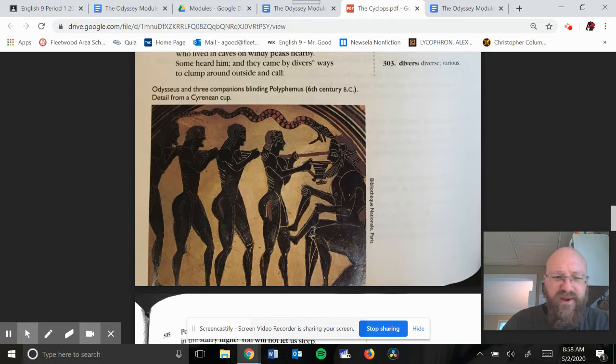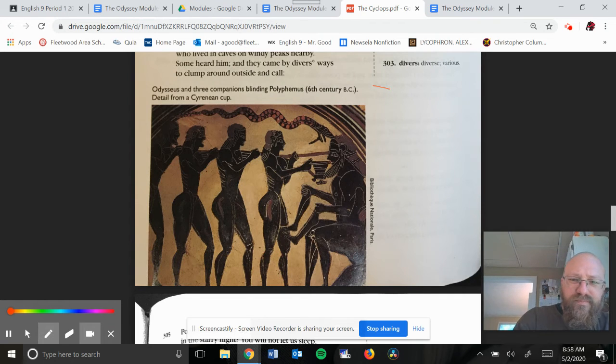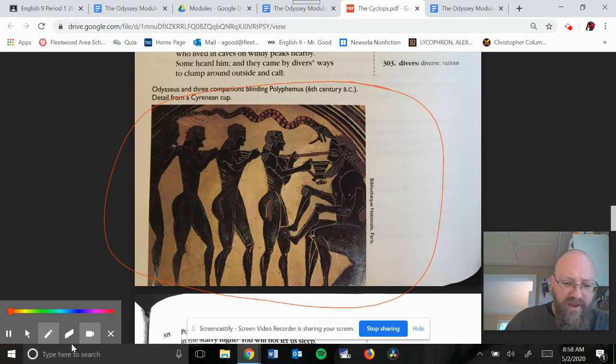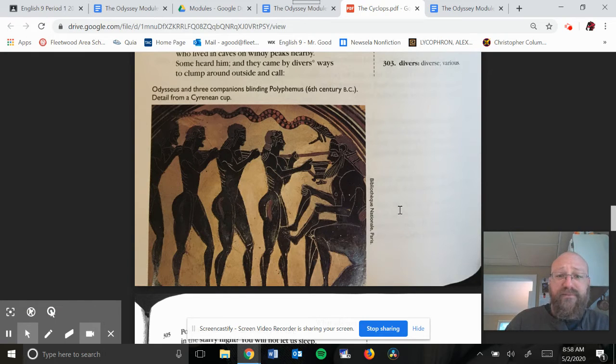There's another one right here. Again, an artist's rendering from a Cyrenian cup. Okay, so not a water jar this time, but again, this is ancient, 6th century BC. They're giving him his wine. You can see it right here.